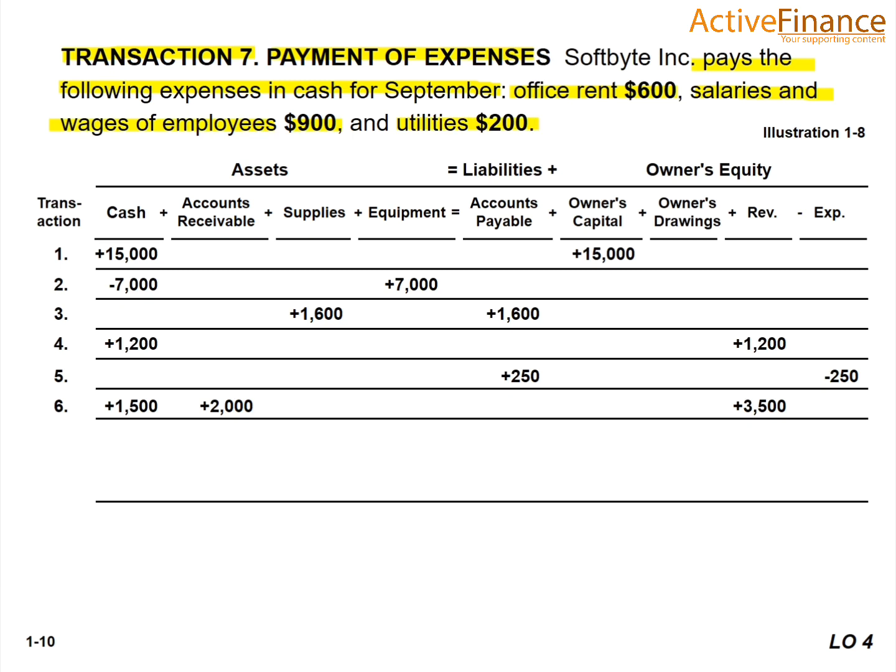So we will add these three expenses in the expense account, and we will minus the total of these three expenses from cash. So we have minused $1,700, which is the addition of these three expenses, and we have also mentioned these three expenses in the expense account.